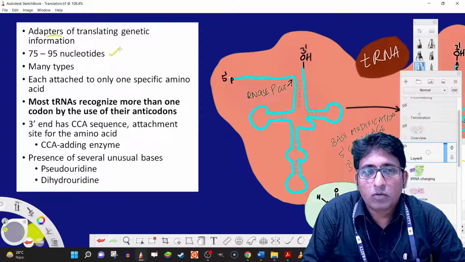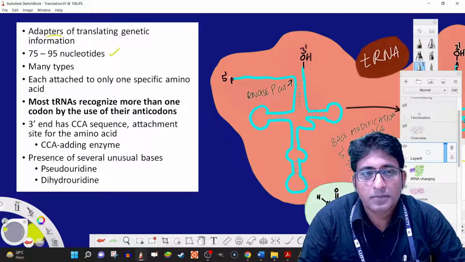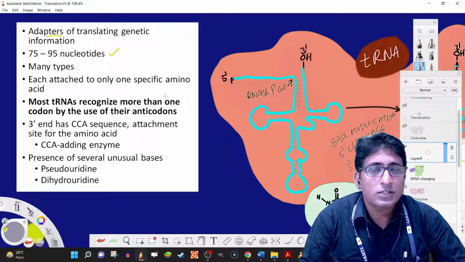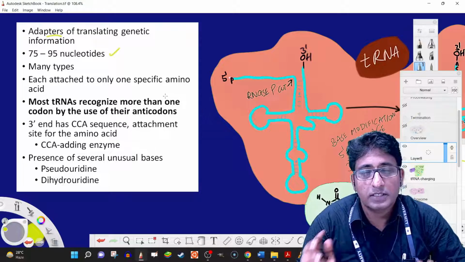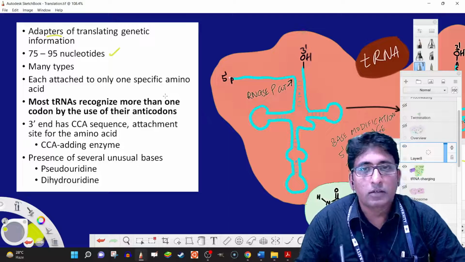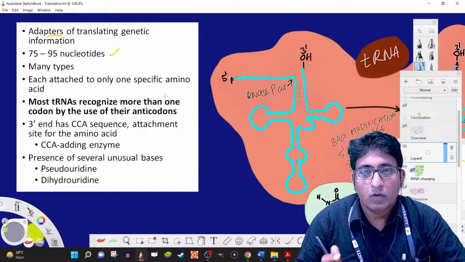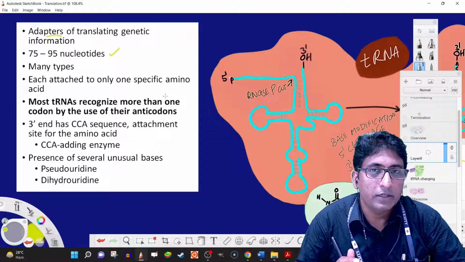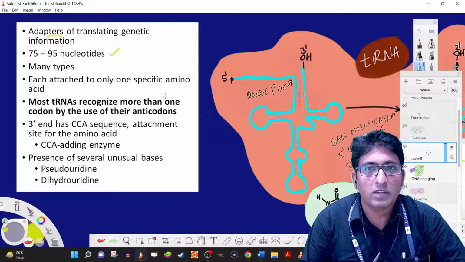They are usually about 75 to 95 nucleotides in length. There could be many types, and each tRNA can be charged by only a specific type of amino acid. Of course, one tRNA could recognize multiple codons, but one tRNA will be charged with only one type of amino acid.